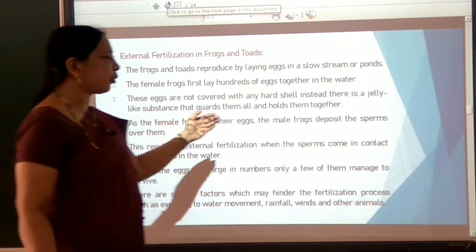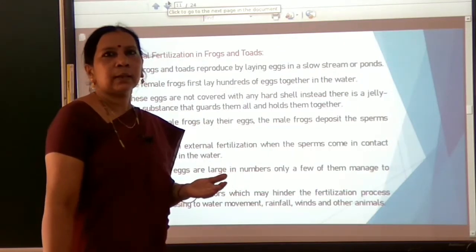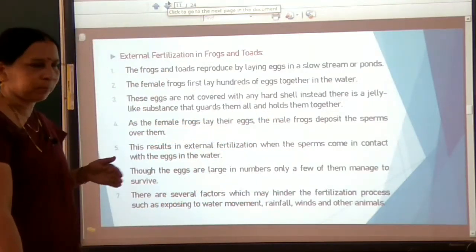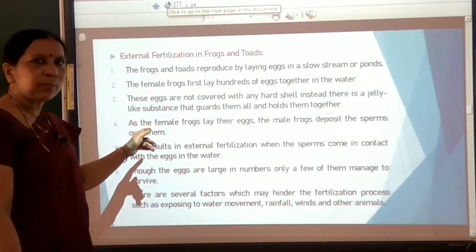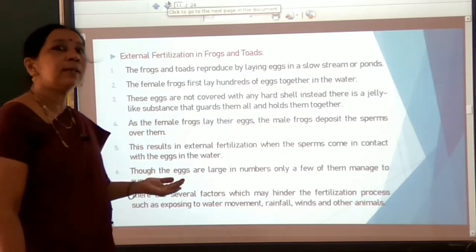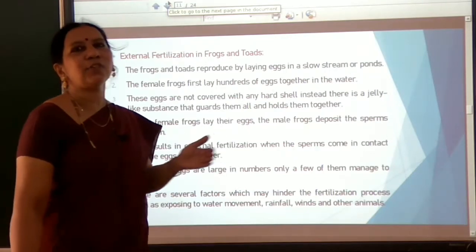As the female frogs lay their eggs, male frogs deposit sperms over them. So when the female frogs lay eggs in water, male frogs deposit sperms over them. This results in external fertilization.